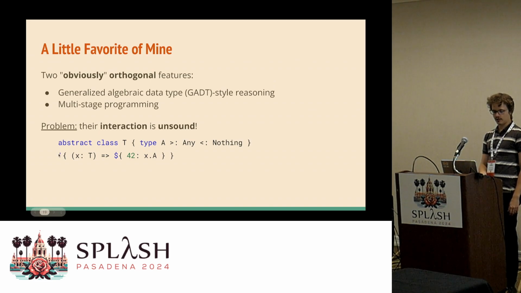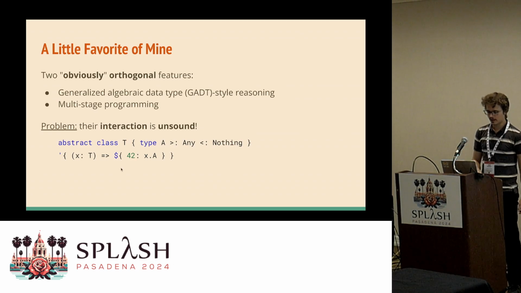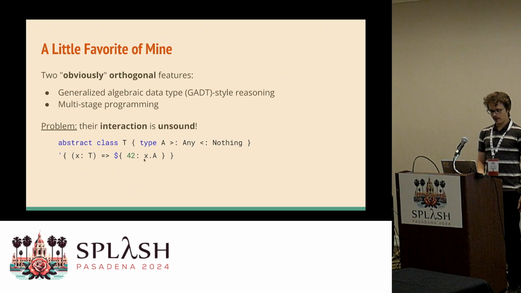So here we have a little tick before the curly braces, meaning it's a quote. So it's building a new program representation at runtime. And that program is a lambda abstraction taking a parameter x of type T and returning a body which is evaluated as follows. The dollar sign basically escapes the quotes and evaluates something at code generation time. And here we are just providing the value 42 and saying, oh, by the way, this has type x.A. Okay, and so what is x.A?